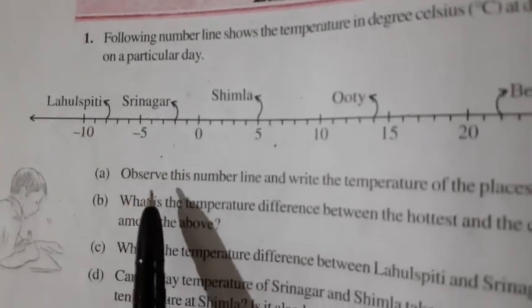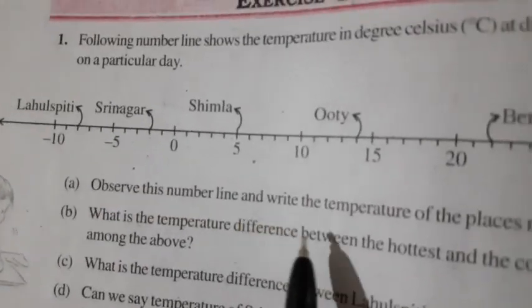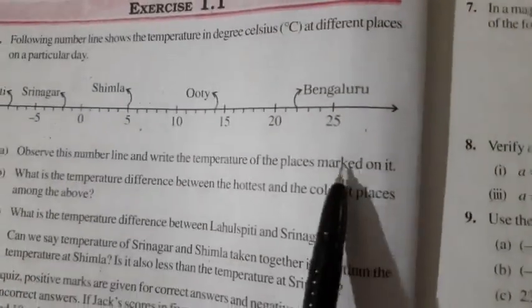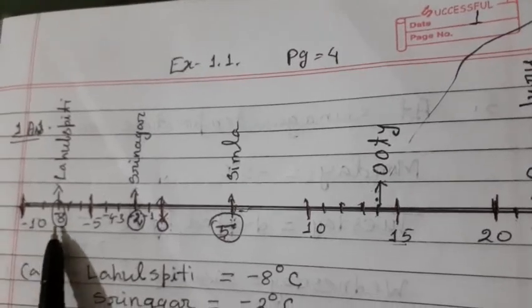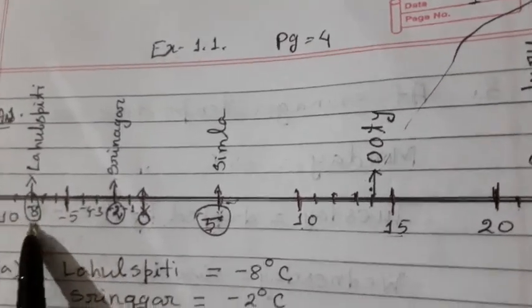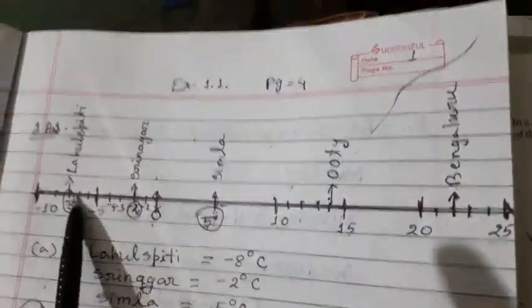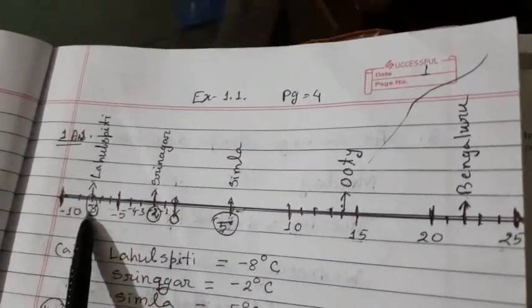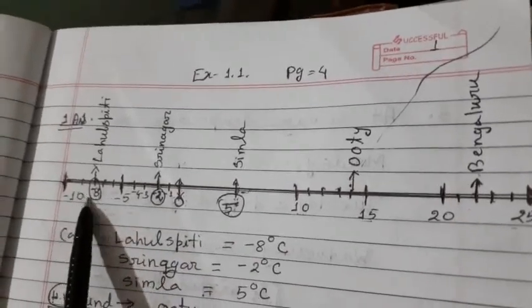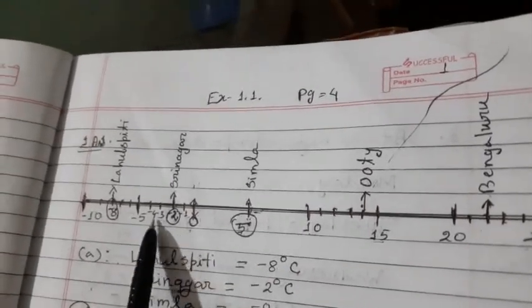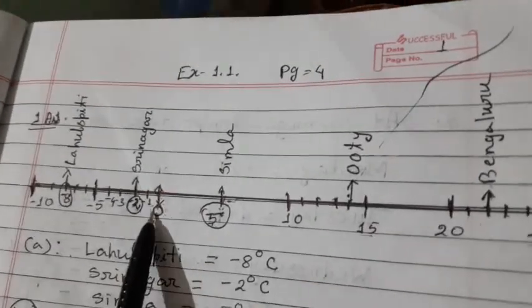Now the first question is: observe this number line and write the temperature of the places marked on it. Here Lahul Spiti is marked here, that means we count from 5: 5, 6, 7, 8. That means minus 8 degrees Celsius, because the temperature of Lahul Spiti is marked on the left side of 0.